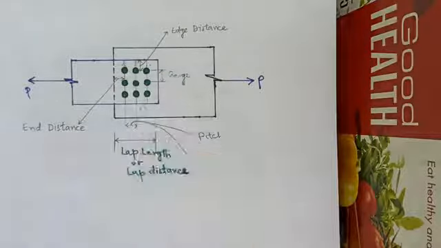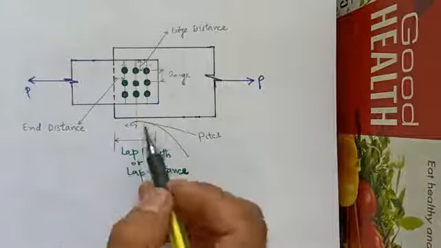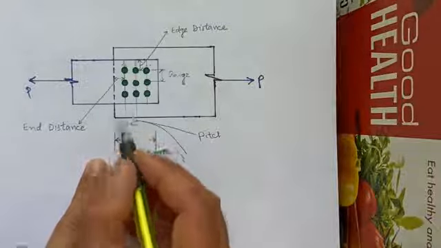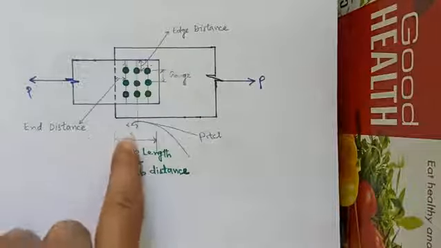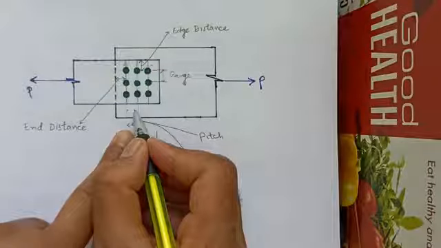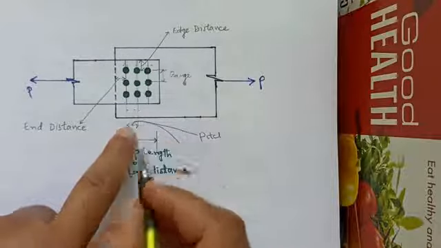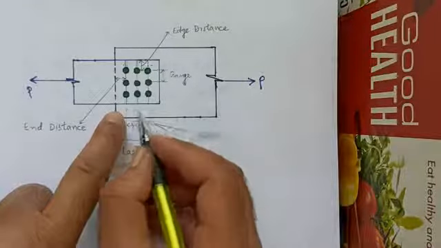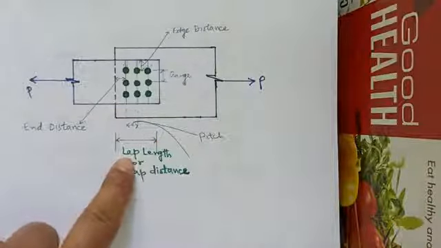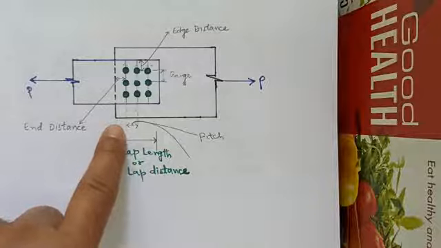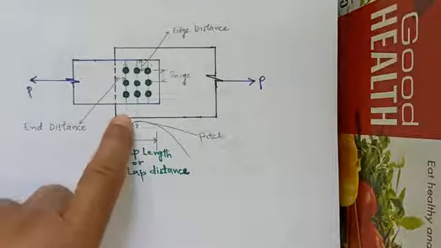This is called chain bolting, and the distance from center to center of the bolt, that is this distance, along the direction of the load or along the direction of the stress is called pitch. So actually pitch is the center to center distance between two consecutive bolts or rivets in the direction of the stress.